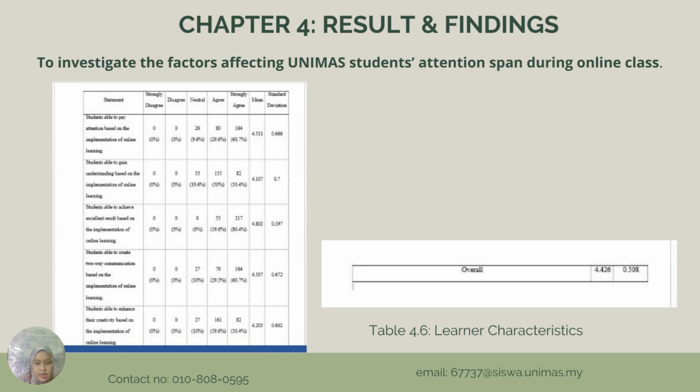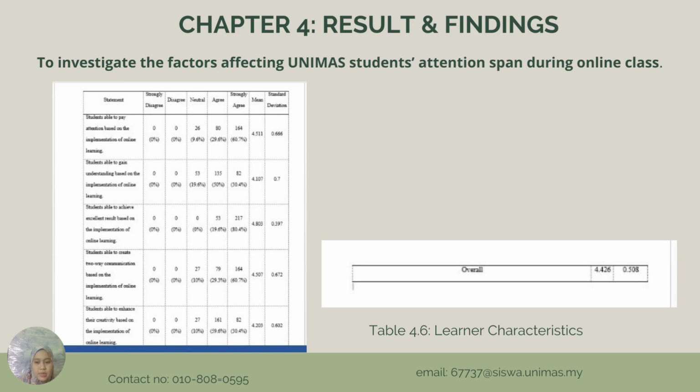Based on the finding, the highest mean is 4.803, which is the statement student able to create two-way communication based on the implementation of online learning, with standard deviation of 0.397.